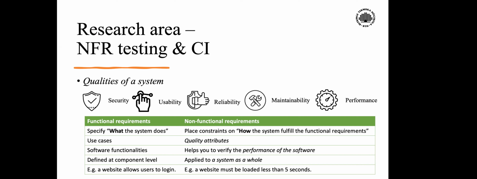Non-functional is more about the constraints on how the system fulfills the functional requirements. One is for use cases, formally defined, and normally at component level. The latter is on the quality attributes and almost applied to a system as a whole. So that's the basic difference which I can see.